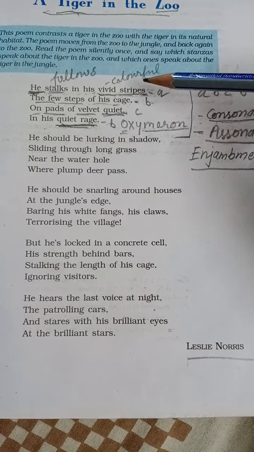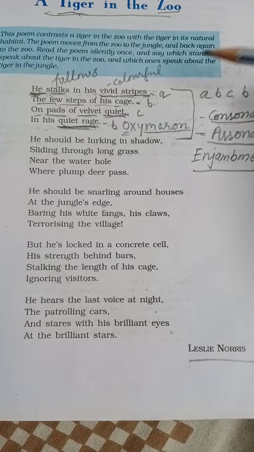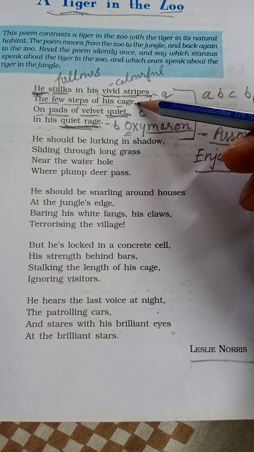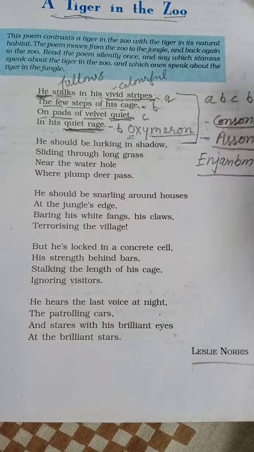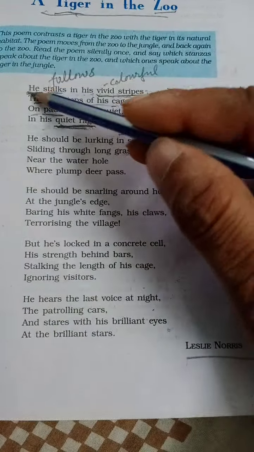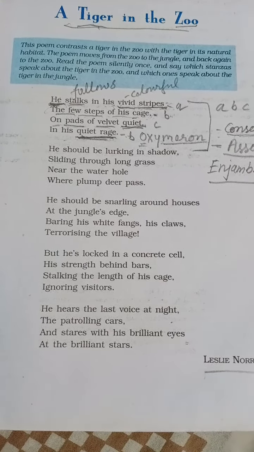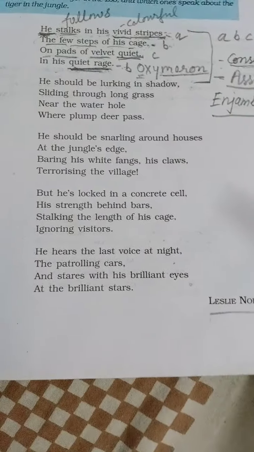So here in this poem, in the first two lines there is no comma put at the end of the second line. So the two lines run together. It is an example of enjambment.